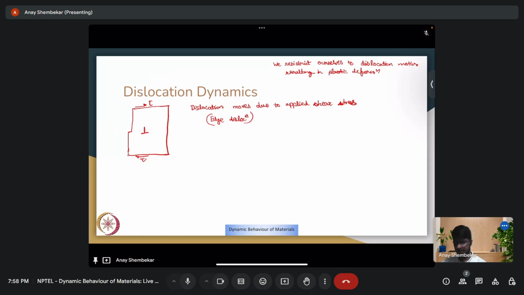Suppose the Burgers vector associated with it is b, then the force on the dislocation per unit length, assuming ideal orientation like the one that we have shown here in the diagram, is F equal to tau times b.